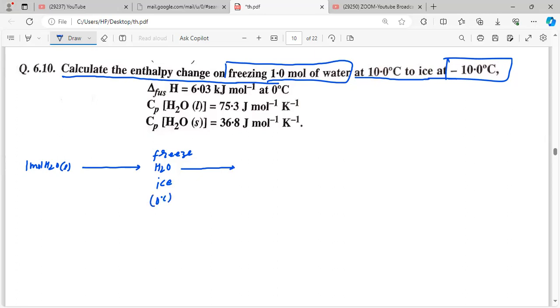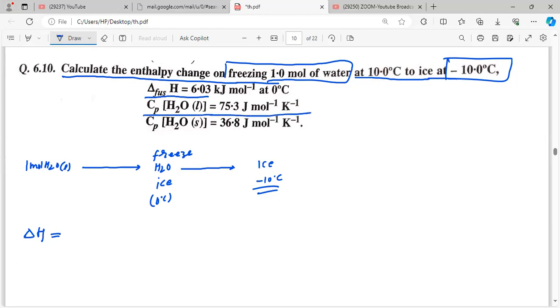Then the ice is again converting to ice at minus 10 degrees C. So total 3 processes are involved. If you are calculating delta H, what will be there? First, the enthalpy of fusion is there and heat capacity is there.